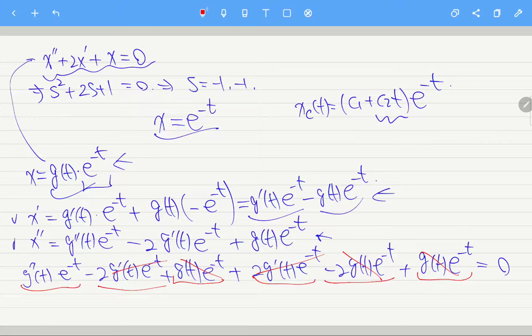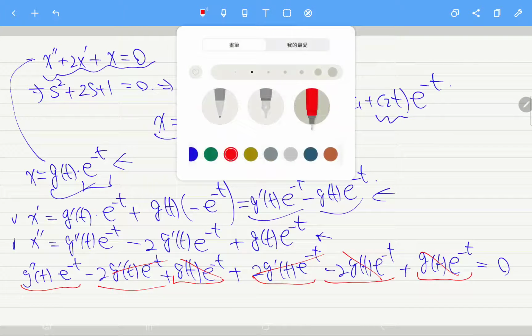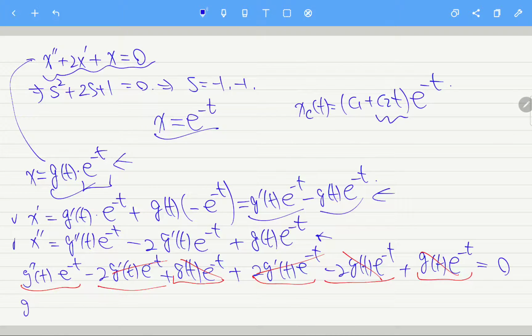So the remaining one is this one, which is g double prime of t exponential to minus t equals 0. All the terms cancel except this one. And actually this one cannot be 0, so we just discard it. So we have g double prime of t is 0.